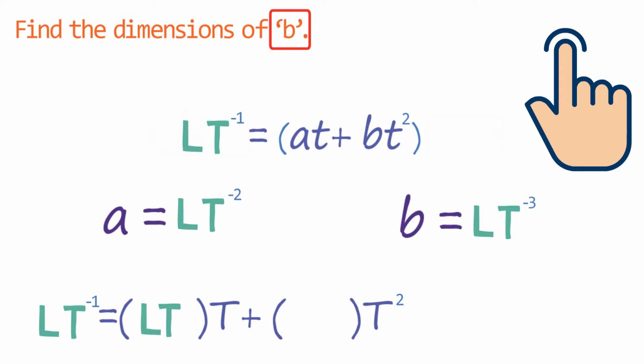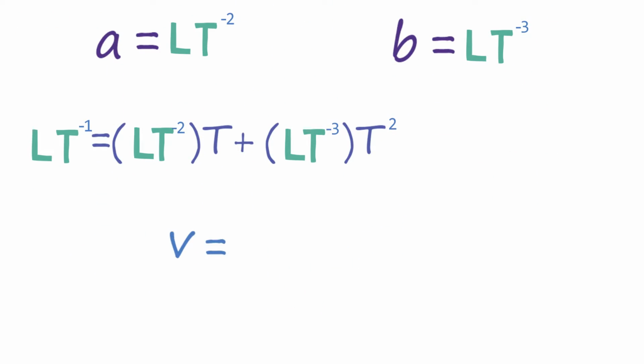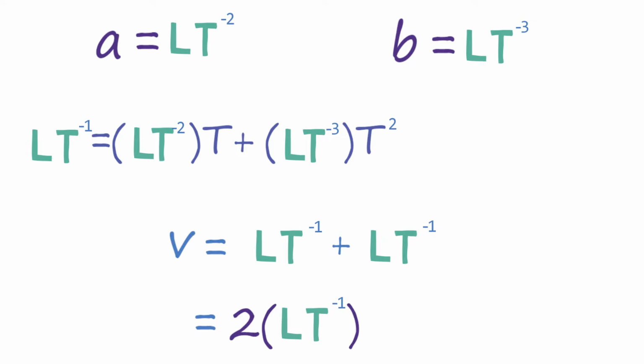When we equate these values in the equation, we get L times the inverse of t for both A and B. So it becomes L times the inverse of t multiplied by 2, and after crossing off the constant, we get a value which is equal to the left hand side. Thus, the answer is L times t to the power negative 3, because that is what we used to replace it with b. Let's move on to the next question.